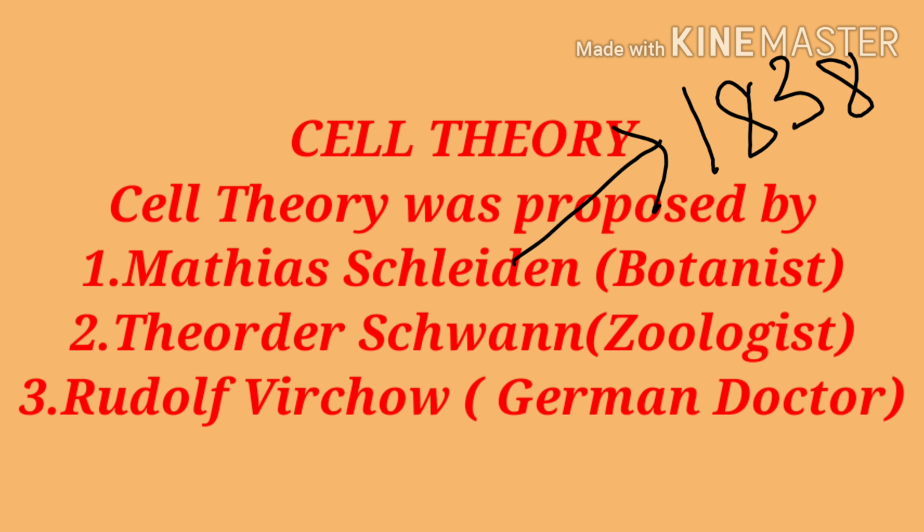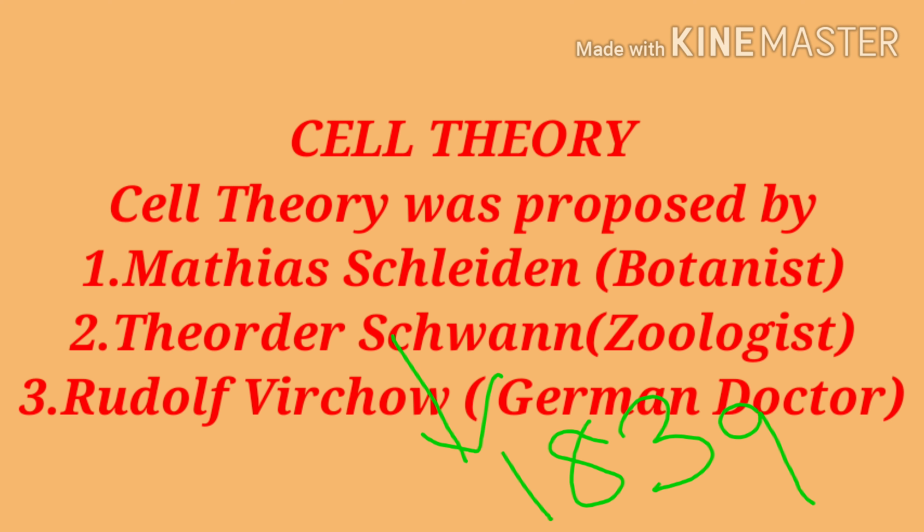He told that all plants are composed of cells. Next one is the German zoologist whose name was Theodor Schwann, in 1839. He told that all animals are composed of cells. So in this way, both of them together concluded that all plants and animals are composed of cells.